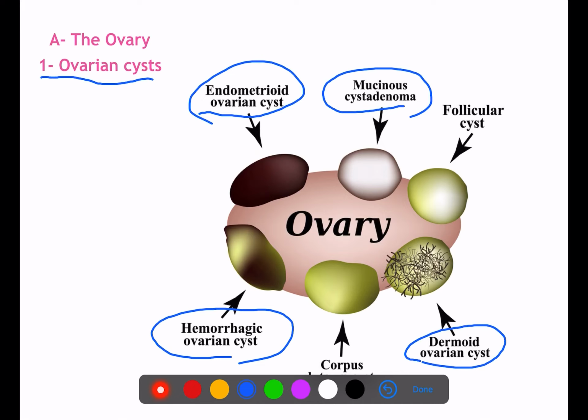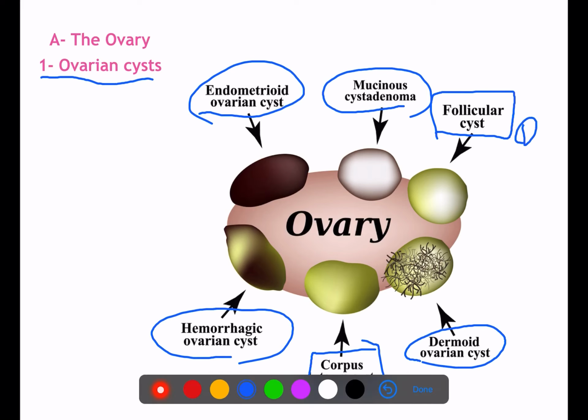But there are two types of functional cyst, which are follicular cyst and corpus luteal cyst.